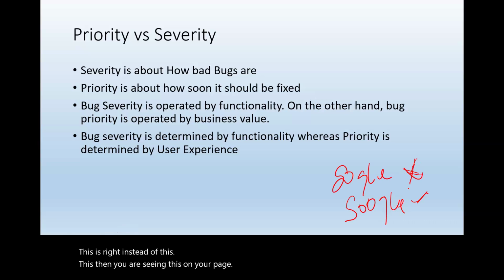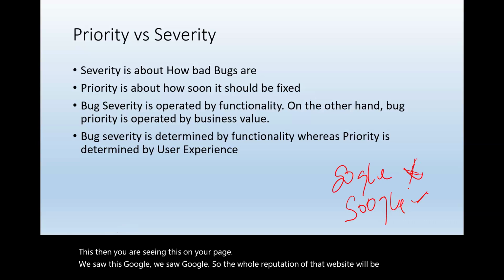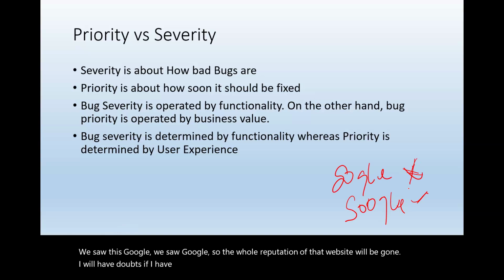We saw Google, but this is not Google. So the whole reputation of that website will be gone. I will have doubts whether I have arrived at the correct page or not. So priority is how soon it should be fixed.